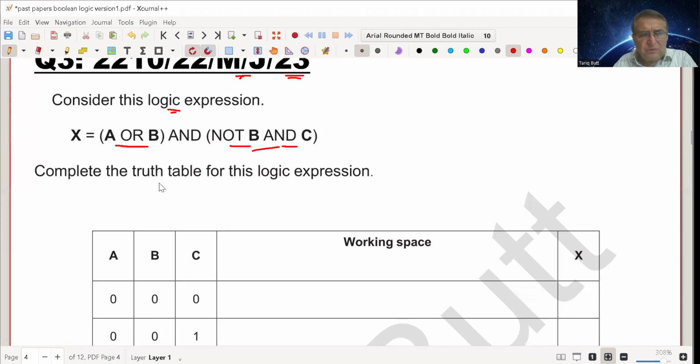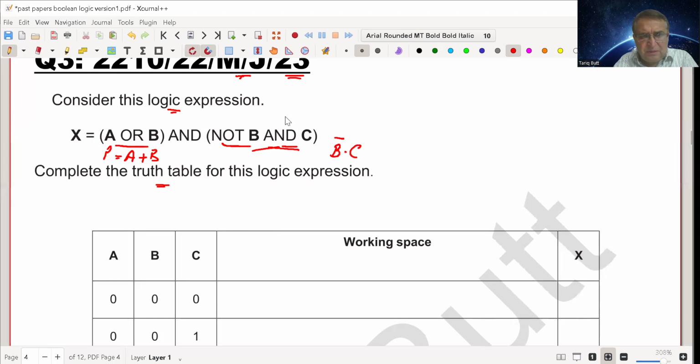You have to draw the truth table for that. You can write down this logic expression in the form of a Boolean expression if you want. A OR B, the symbol for OR is this. You may call this P. So here you can draw the column for P. Similarly, NOT of B AND C. NOT of B is represented in Boolean expression as B prime, and C, and AND means dot.